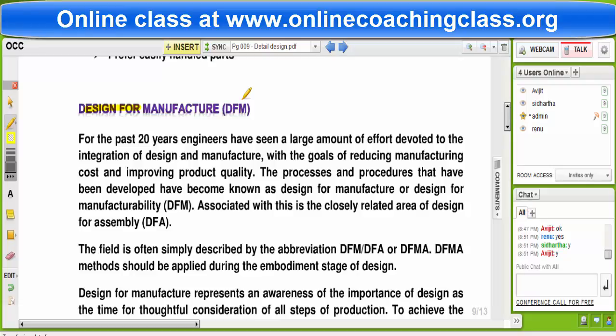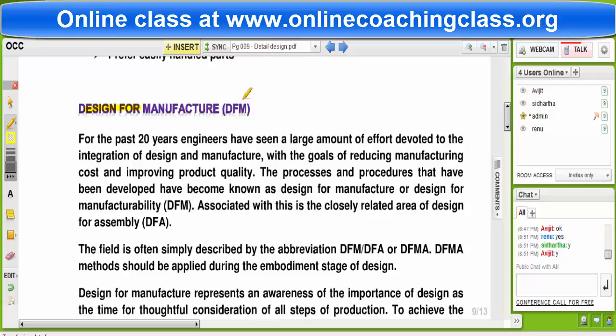The processes and procedures that have been developed have become known as design for manufacture or design for manufacturability. Associated with this is the closely related area of design for assembly. See, those are very similar. Design for assembly and design for manufacturability are very similar.